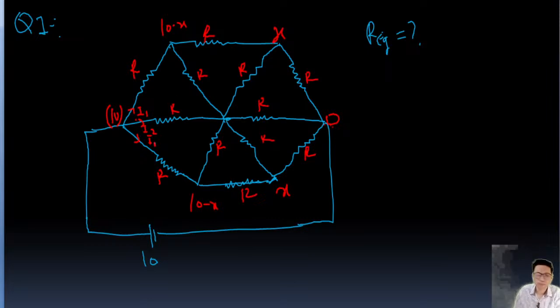Now, very simple. For the equivalent resistance, suppose the current is I and this is the 10 volt battery.